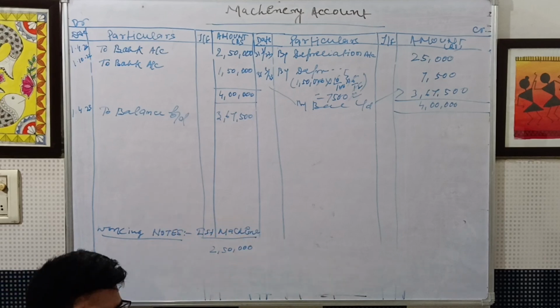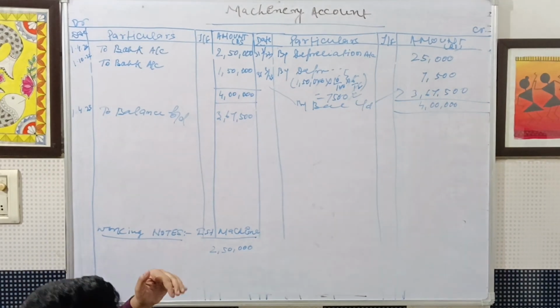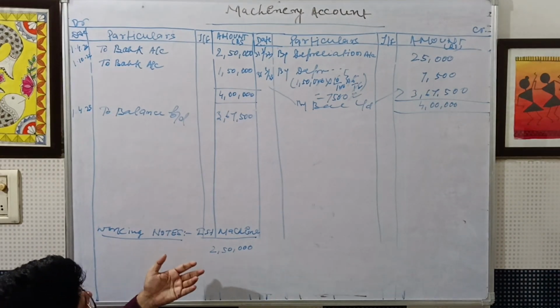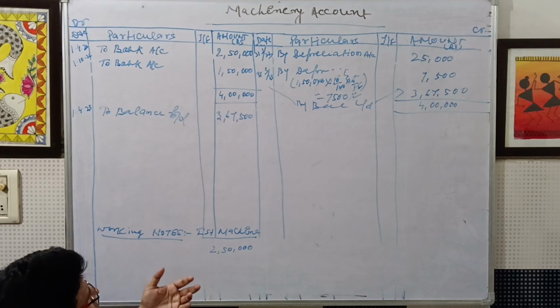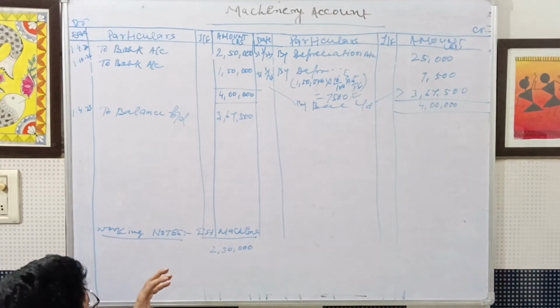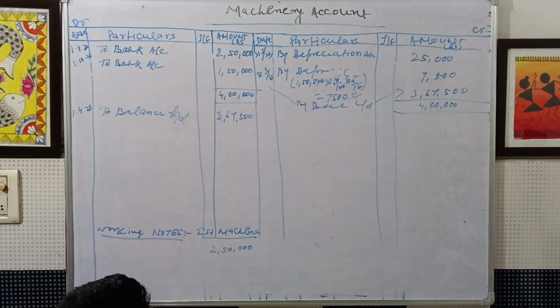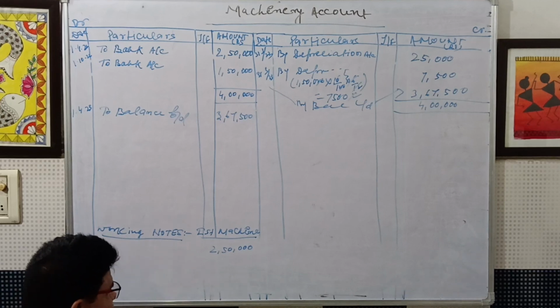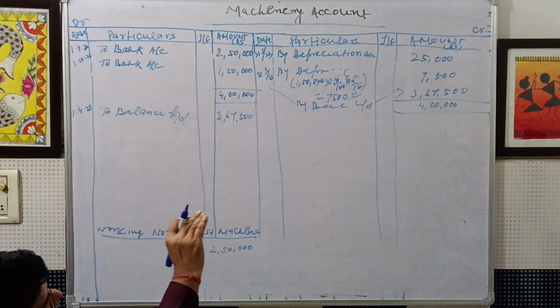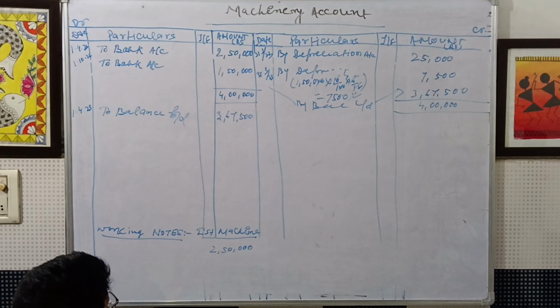In this question the method is the diminishing balance method, which is also known as the reducing balance method. Sometimes questions give the diminishing balance method or the reducing balance method. Whatever is written, you have to understand this is the diminishing balance method. Diminishing balance method means depreciation charged each year is different, not on the original cost.